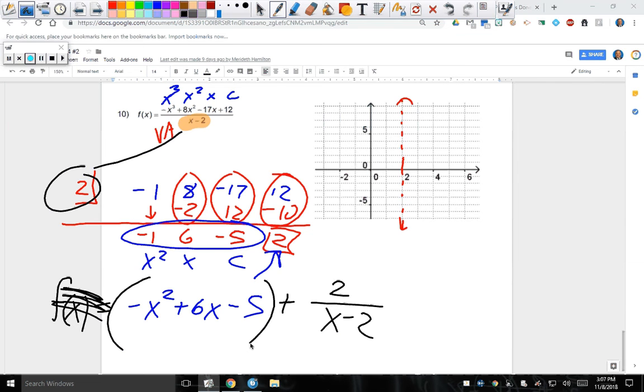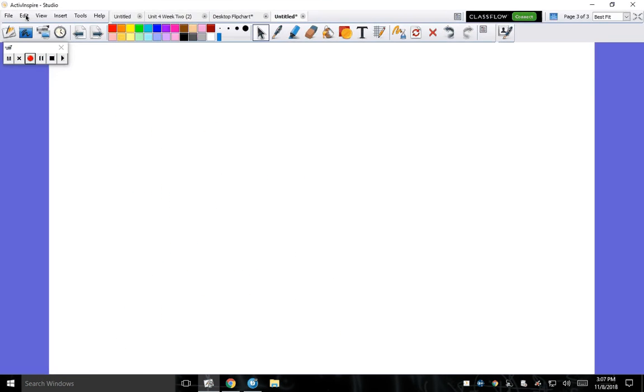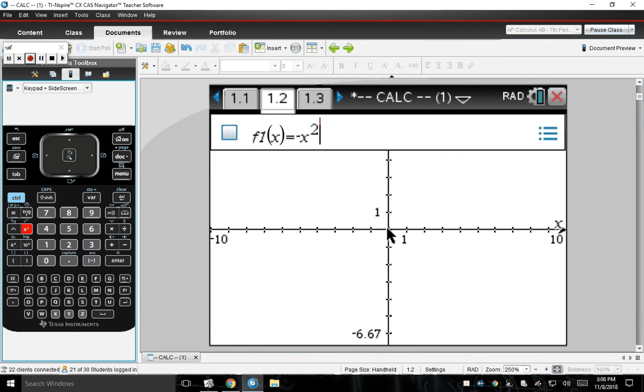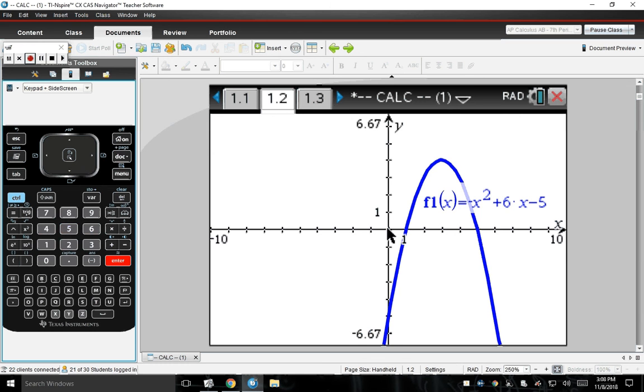Okay, so let's go ahead and graph this real quick. Okay, so we have -x squared. What was the rest? 6x minus 5. So this is where the actual graph would be with the dashed lines, showing where the graph would not exist. You with me?